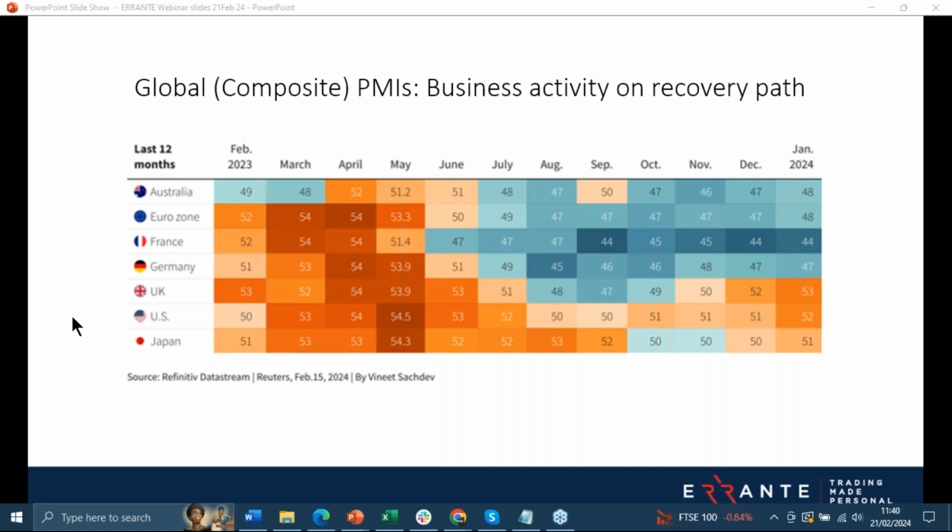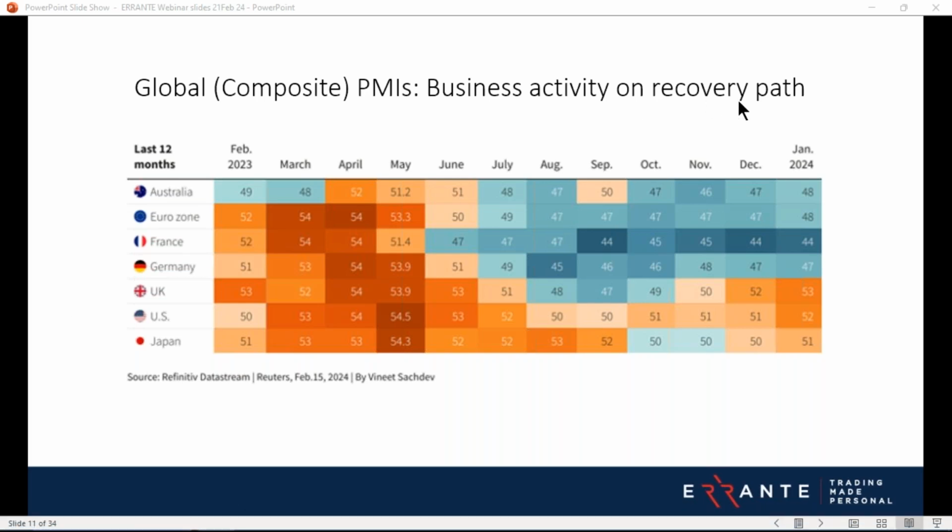It's a heat map, and shows you across the world how these PMIs have looked over the last 12 months. You can see red, or the brighter color, being a number above 50, which denotes expansion, whereas the blue numbers are below 50. They denote contraction.